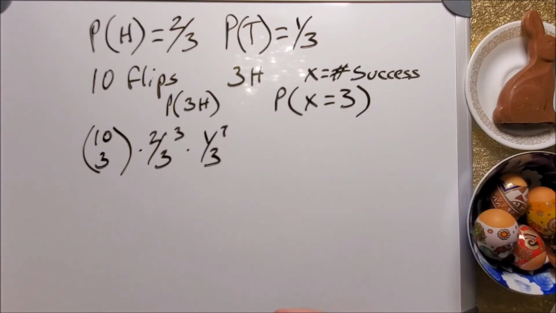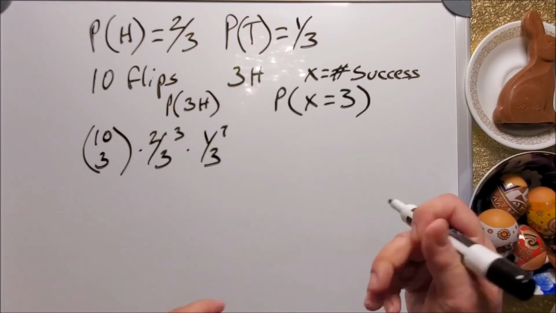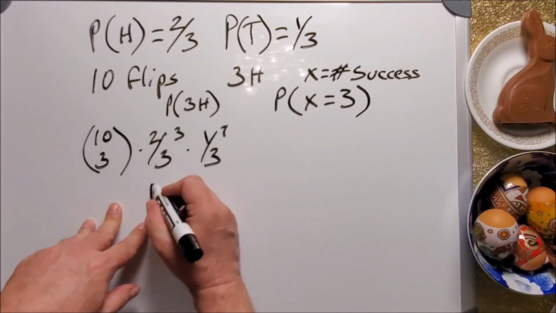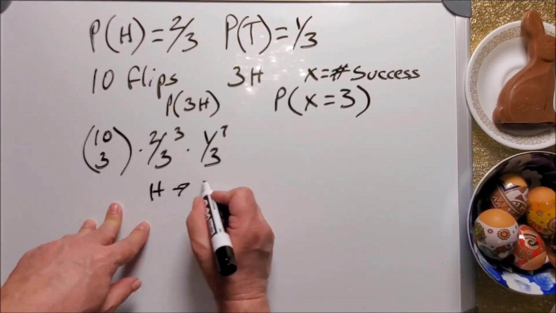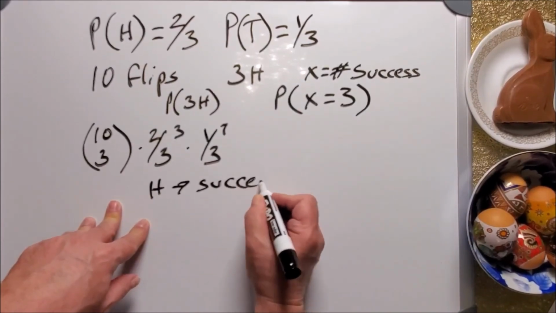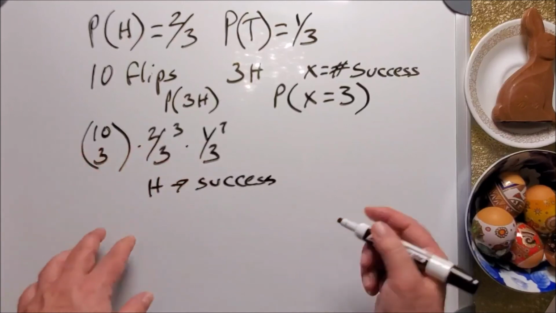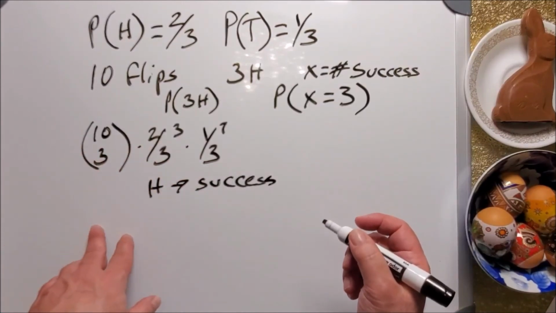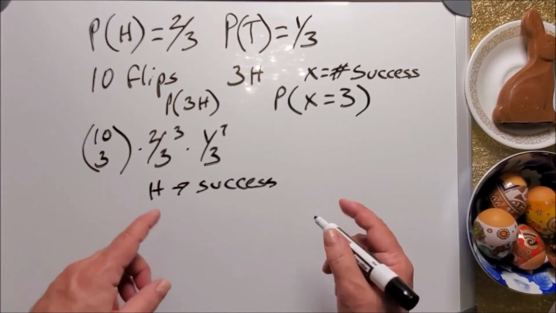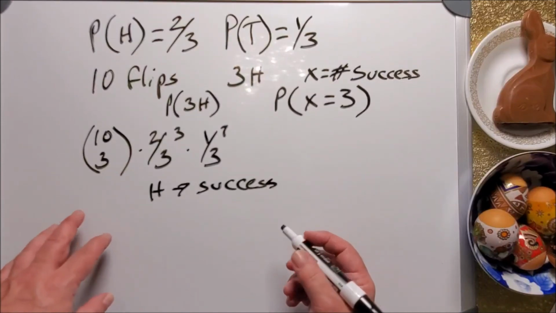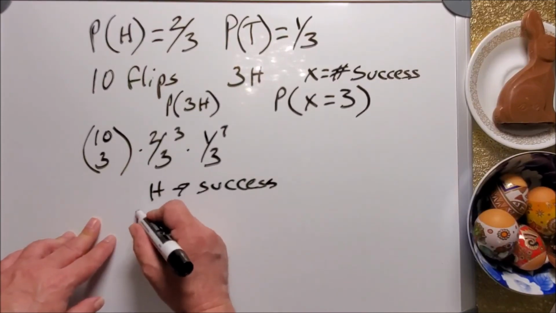If we consider heads to be the success, and we're calculating the probability of 3 successes in 10 flips, we had this construction. I want to know, with the same coin, the probability of 7 failures.